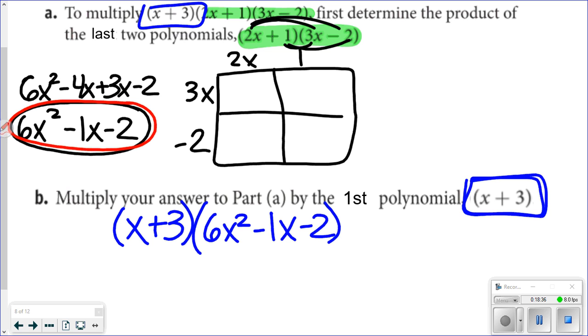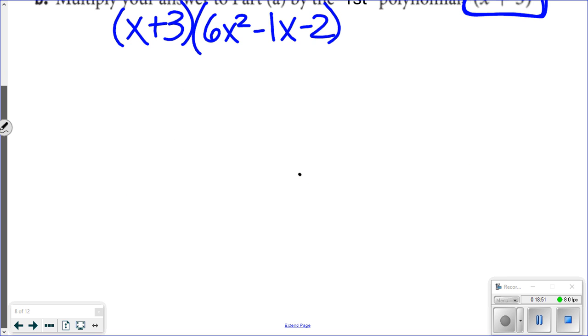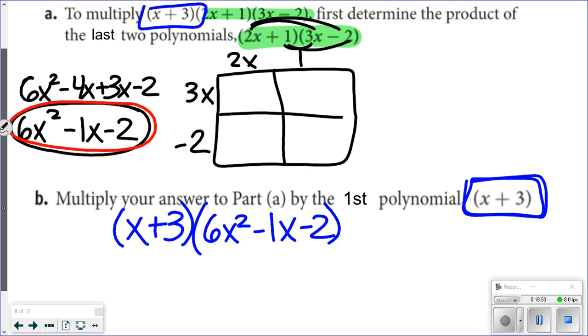Okay, and again, it's your choice right now. Look at your note sheet. You can decide, do you want to just use the distributive property or do you want to use the box method? So I'm going to use the distributive property.